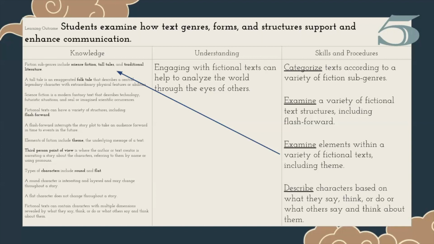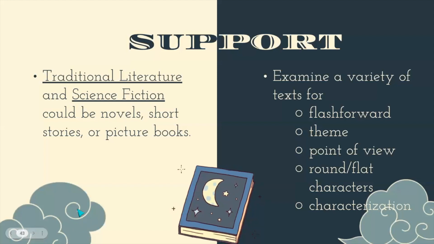Those are all common themes that you might see in a text. And when we're asking students to think about theme, they just have to be able to justify their answer. So I think the theme of this text is this, and I think this because of this and this. So we're really just encouraging them to look for reasons as to why they think that might be the theme.